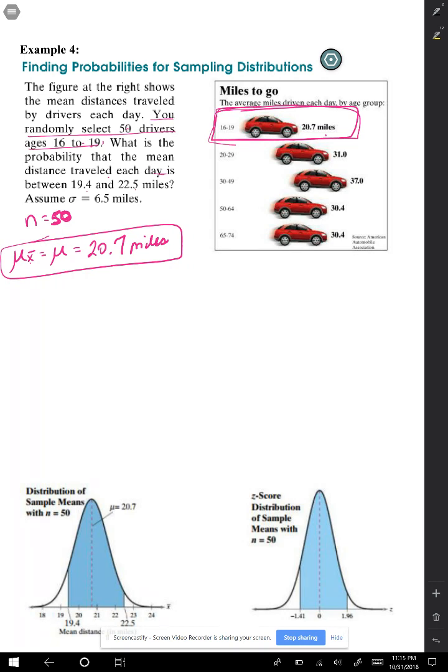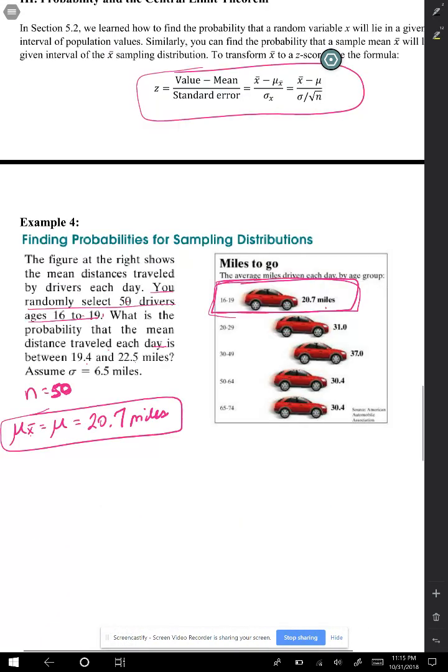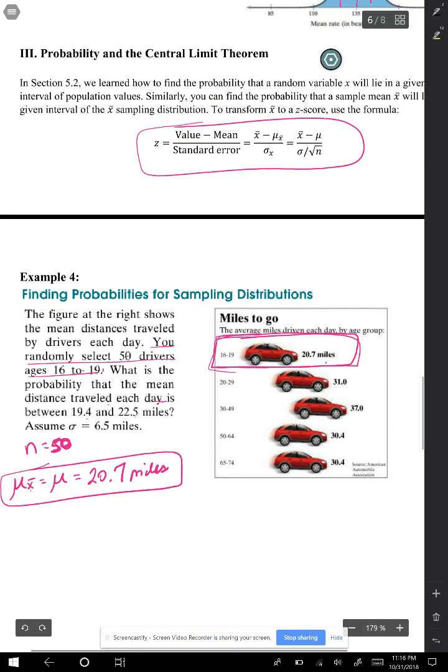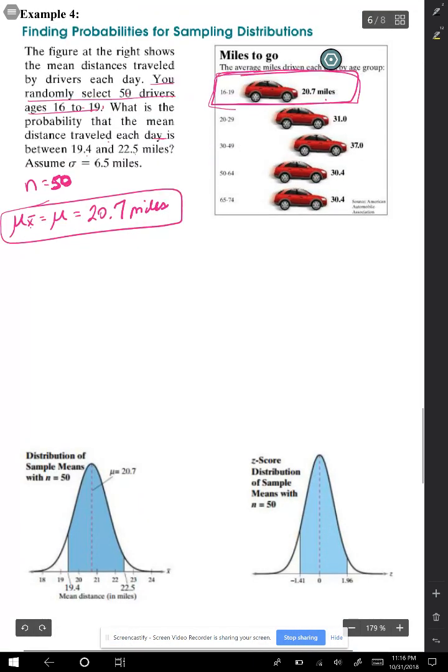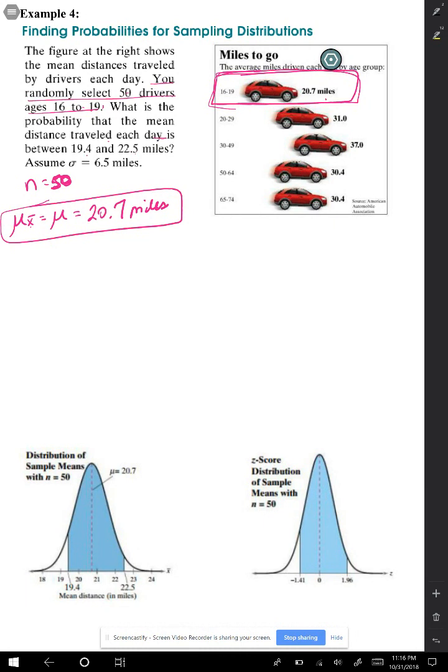Okay, when we go to standard deviation, the reason I'm calculating these is because the formula will ask me to find the value, the mean, and the standard error, so I'm just calculating them ahead of time. For the standard deviation of the sample means, it's going to equal the standard deviation of the population divided by the square root of the sample size.